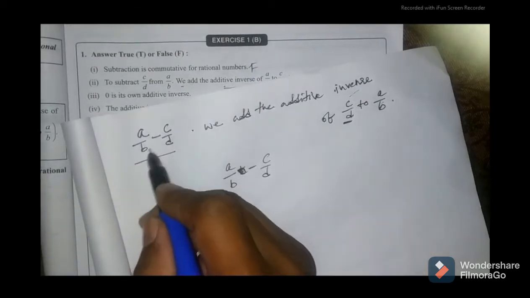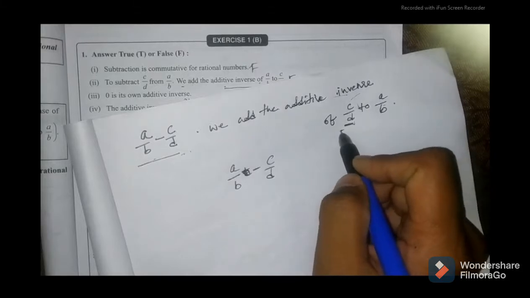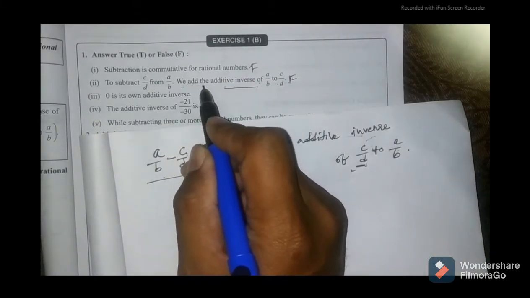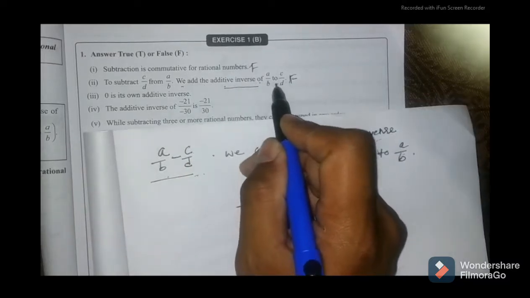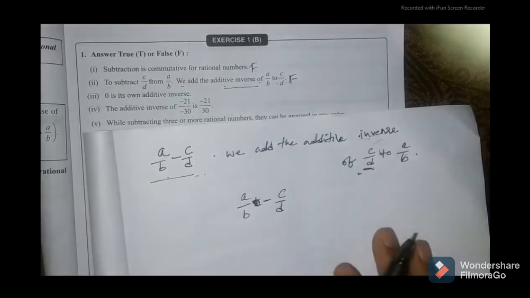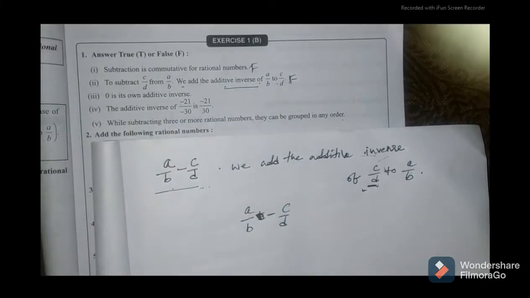But here it is written we add the additive inverse of a by b to c by d. So it is false.